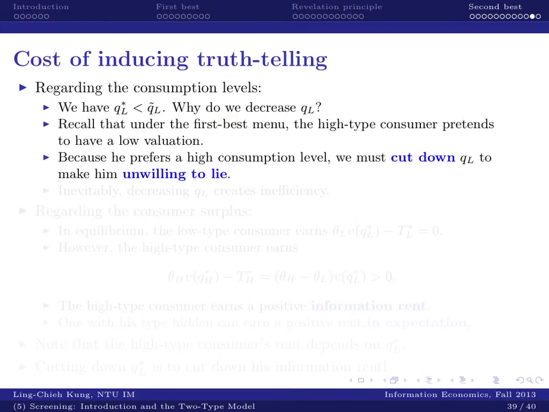The reason is that under the first best menu, the high type consumer pretends to have a low valuation. He will choose the contract intended for a low type consumer. So to prevent him from doing so, we must cut down QL to make him unwilling to lie.